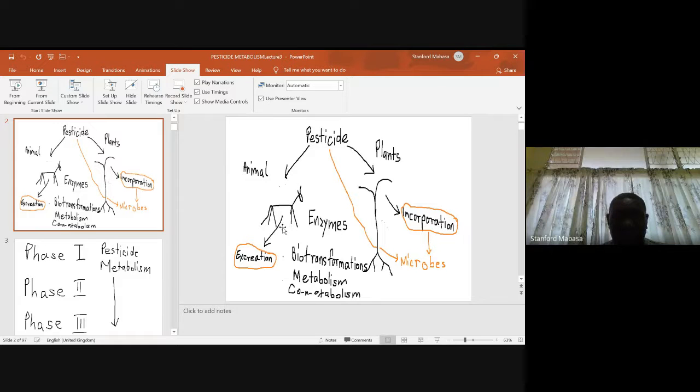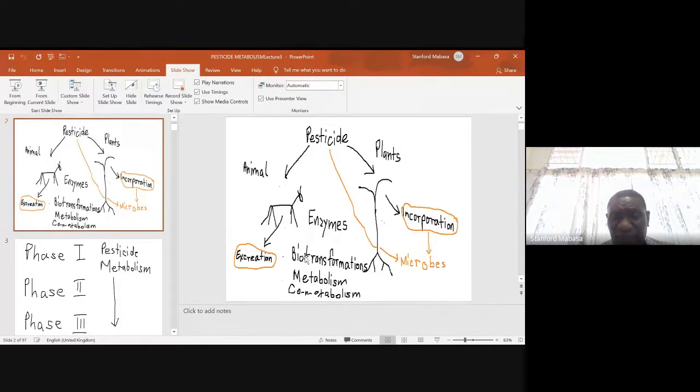Later on, there will be enzymes in the animal system which will cause biotransformations, metabolism or co-metabolism, and finally there's excretion of the products.